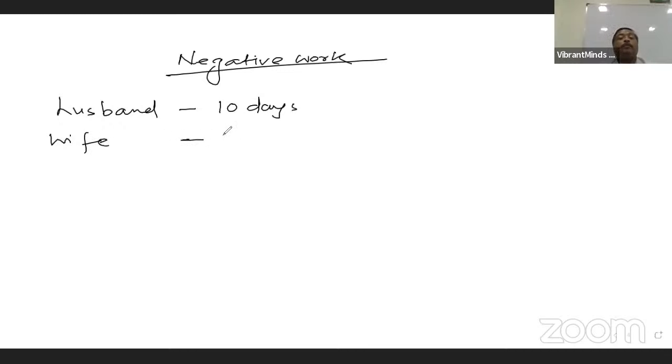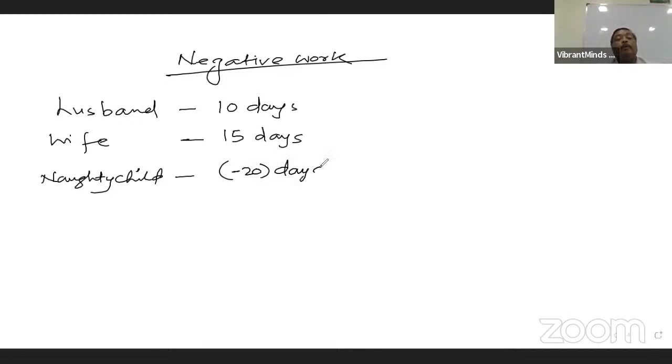She can complete the same work in, let's say, 15 days. And they have a naughty child. He can break a piece of job which the husband and wife can do. He can break the job in, let's say, 20 days. So when he is breaking the job, he is delaying the time period.